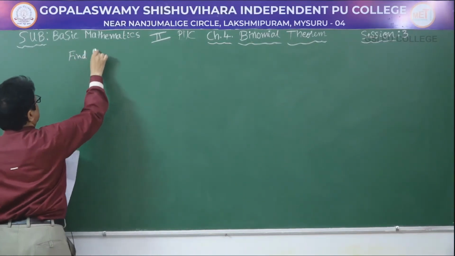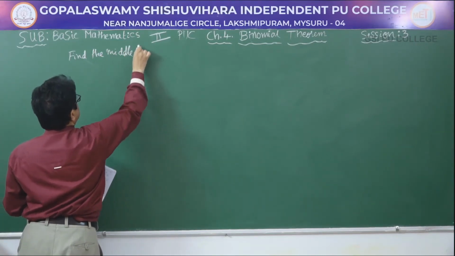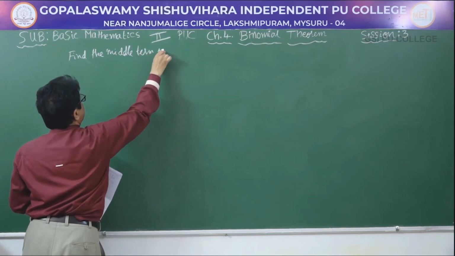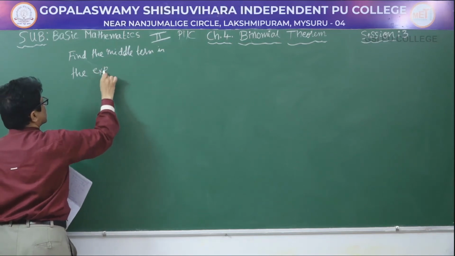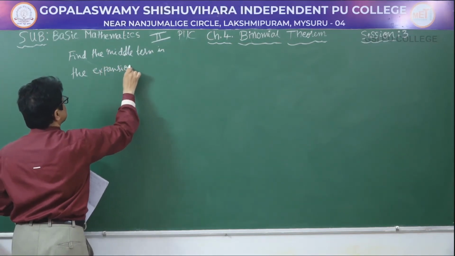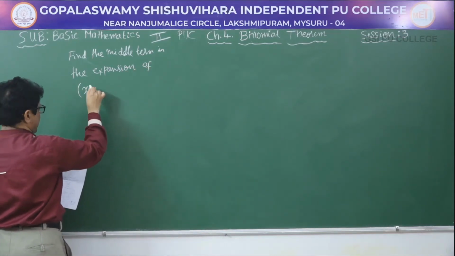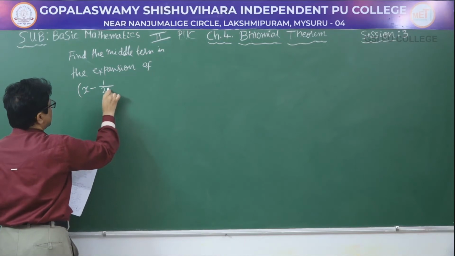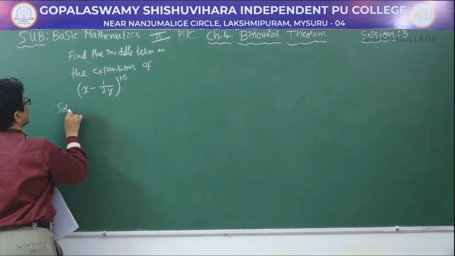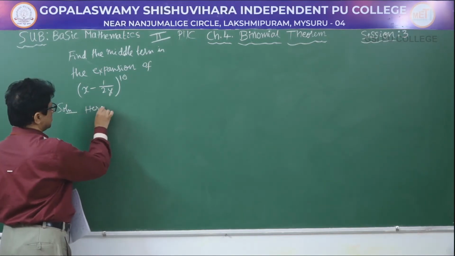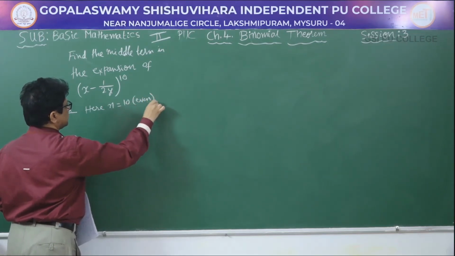Find the middle term in the expansion of (x minus 1/(2y))^10. Here n equals 10, even.